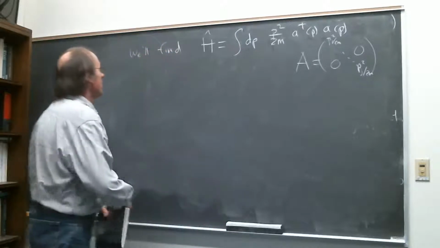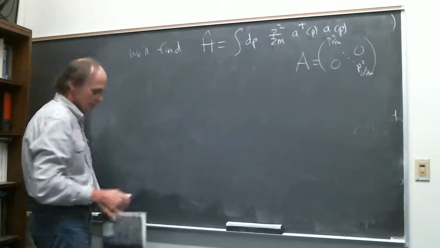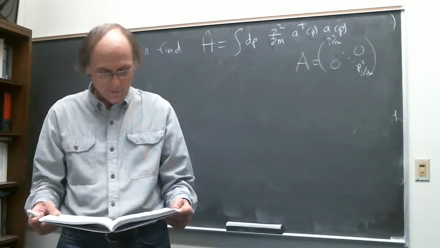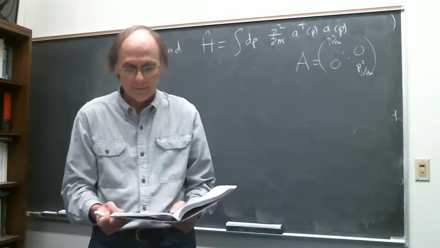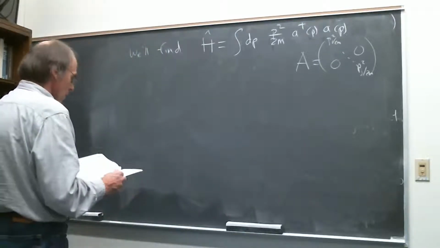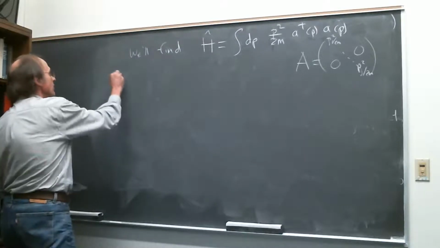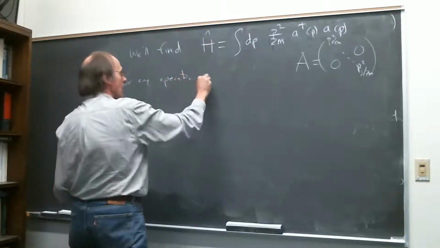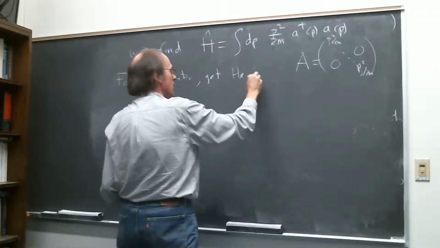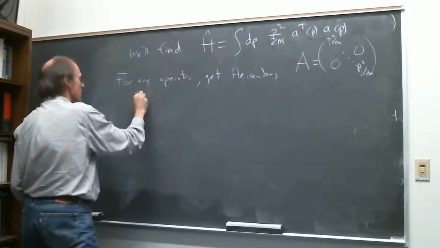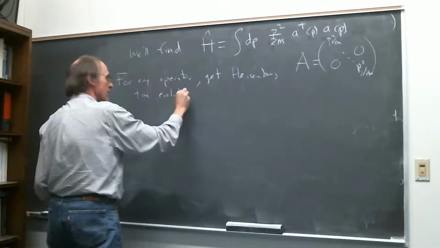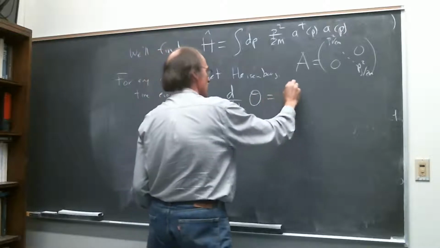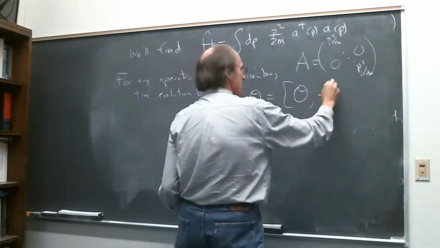Anyway, because time is getting short, let me just write down a few formulas. For any operator you get the Heisenberg time evolution: d/dt of the operator is the commutator of the operator with H, times minus i.